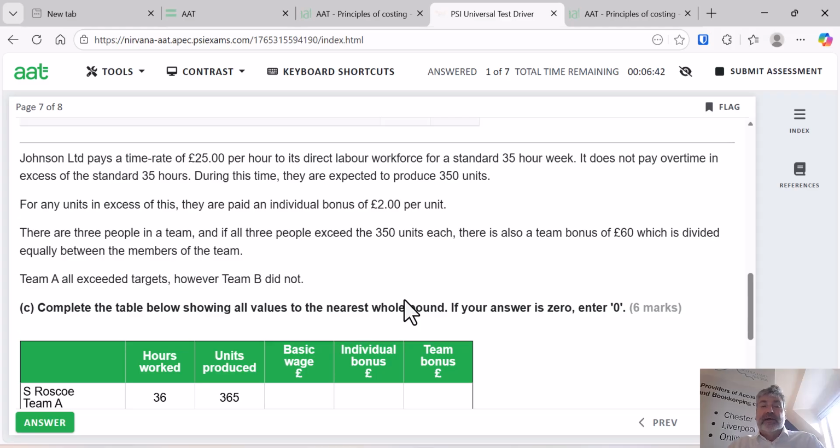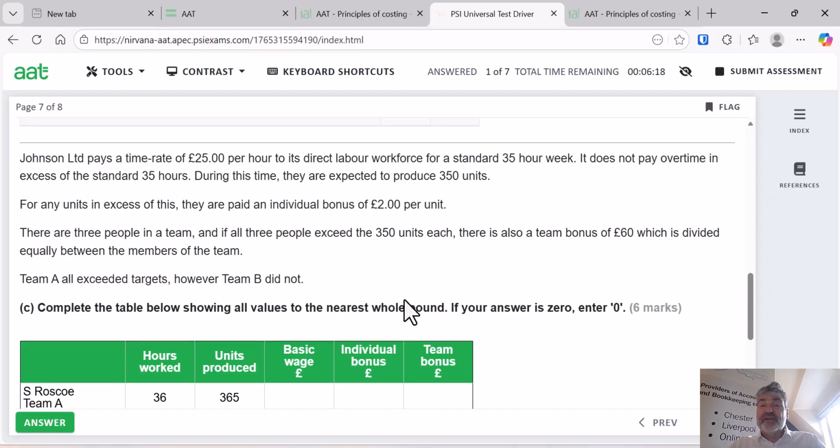So Johnson Limited pays a time rate, £25 for every hour to its direct workforce. That's for a standard 35-hour week. They pay no overtime if the employees have worked more than the standard 35 hours. So they're doing that for nothing, basically.